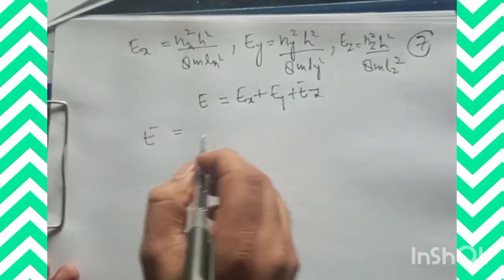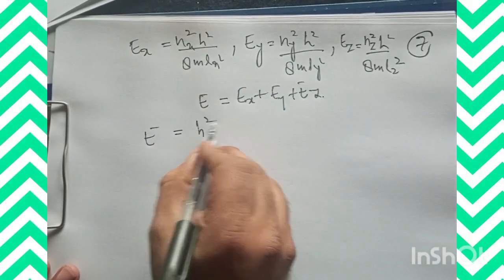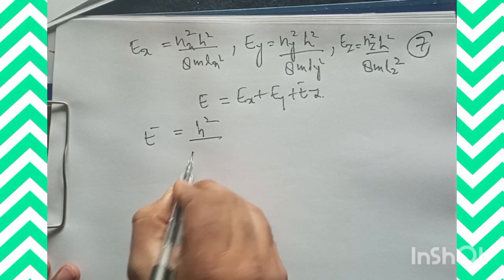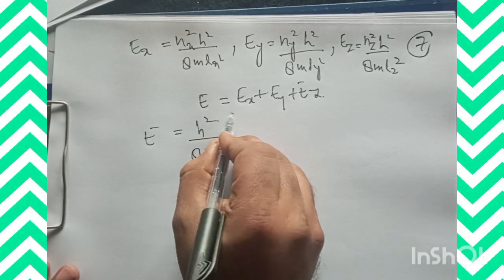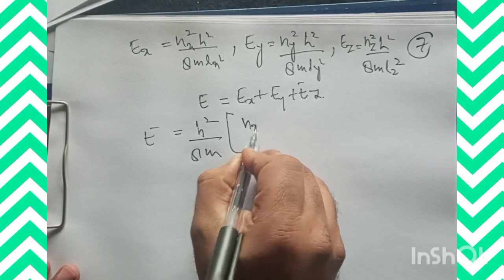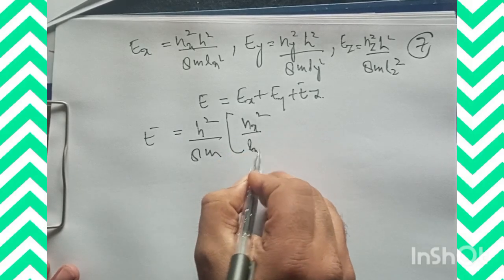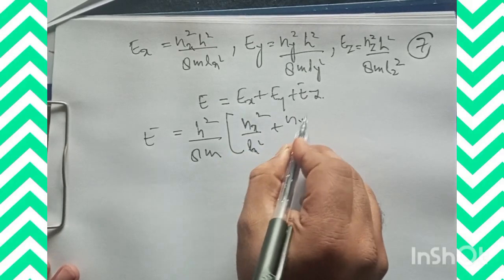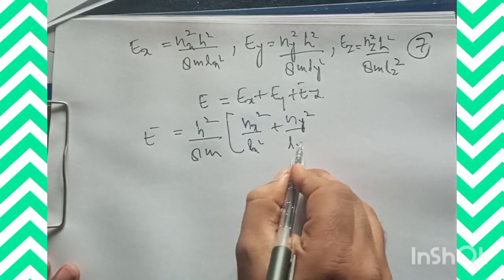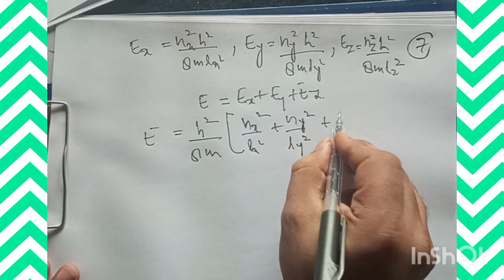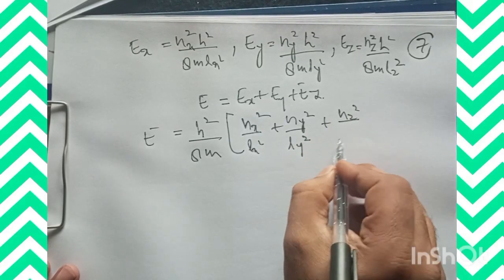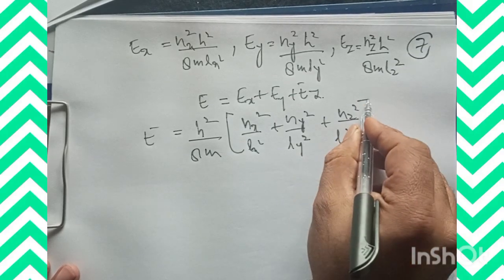if we write it down in terms of this, h square will be out, then we will have 8m out, and we will have nx square by lx square plus ny square by ly square plus nz square by lz square.